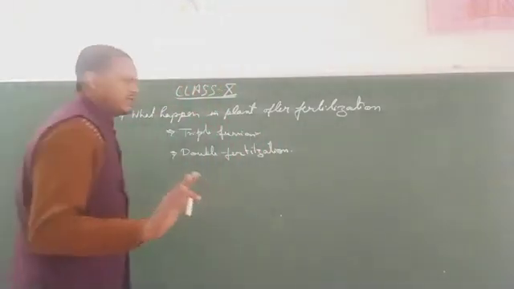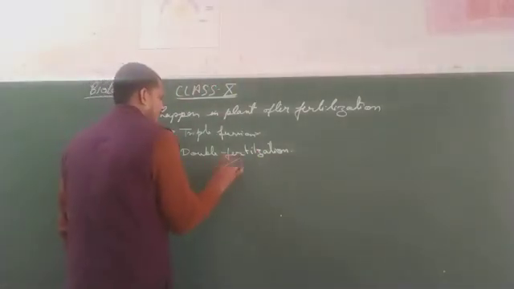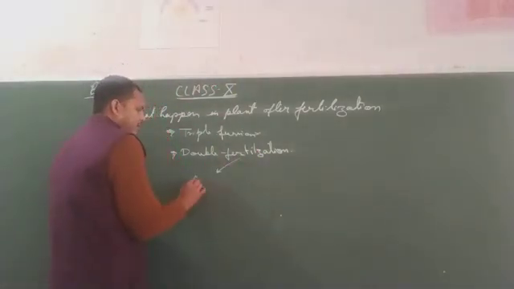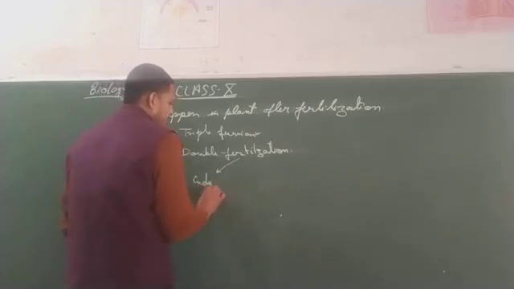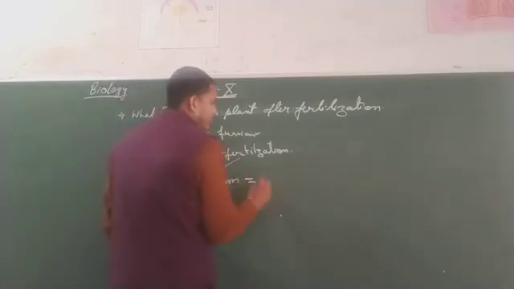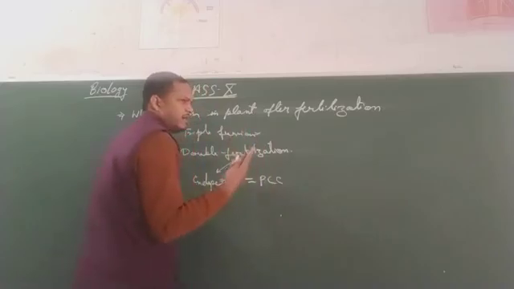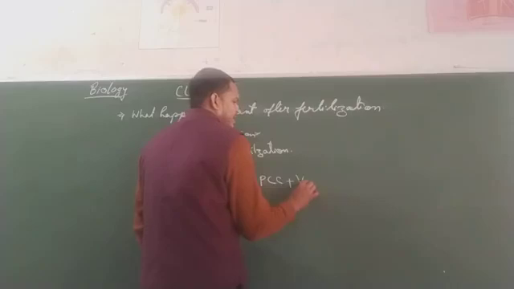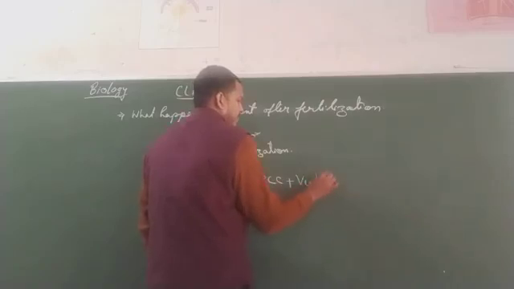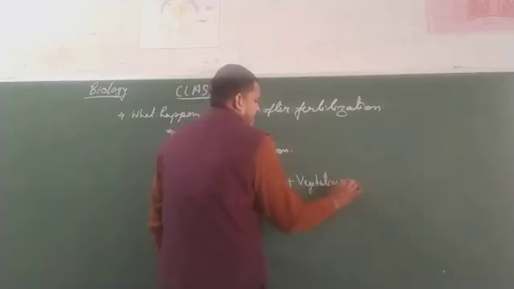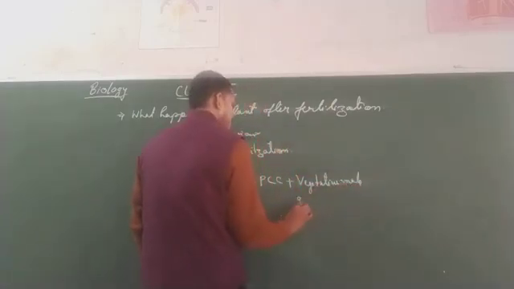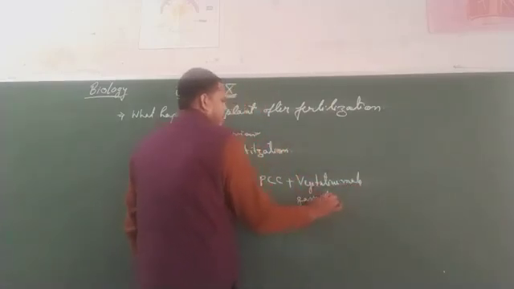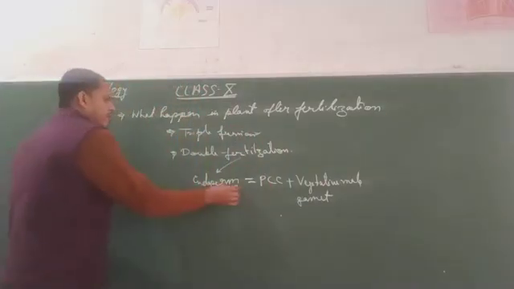In double fertilization, the first result is the endosperm, which is the result of fusion of the polar central cell plus the vegetative male gamete. This is going to form your endosperm.